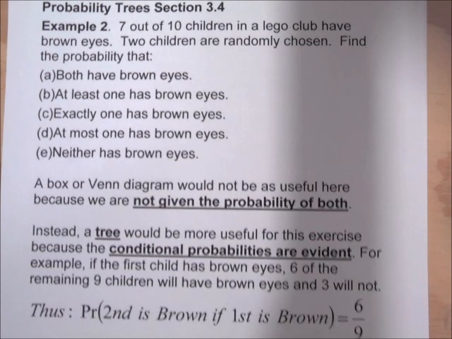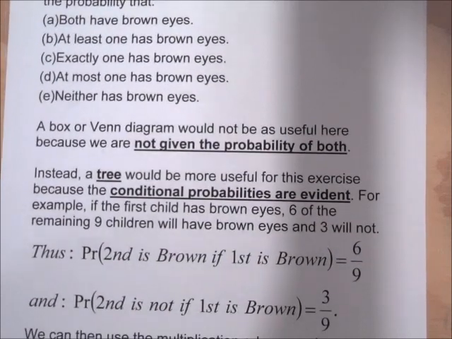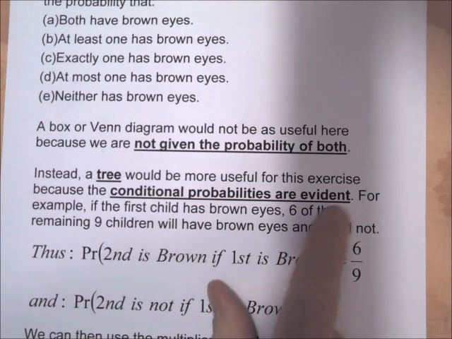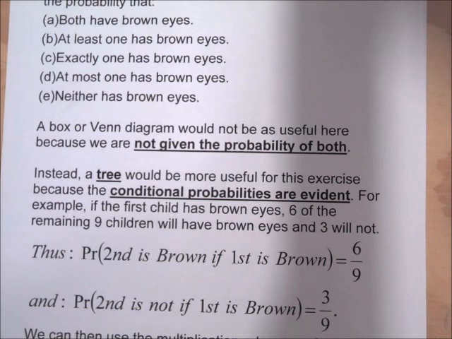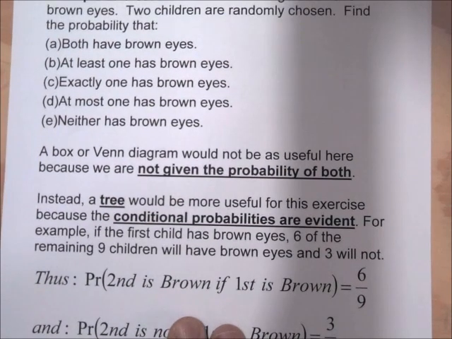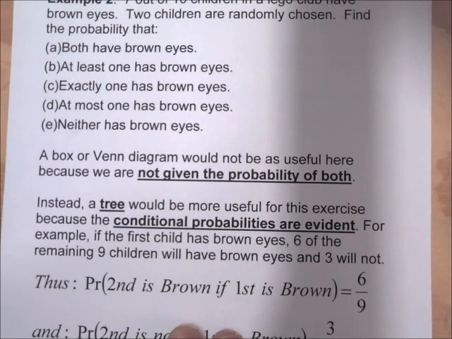So the conditional probabilities, we're not explicitly given them, but we can compute them because we're randomly choosing 2 children. If the first child has brown eyes, then there's going to be 9 children left.